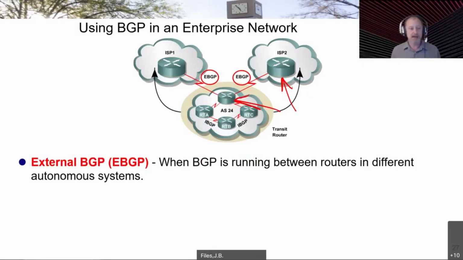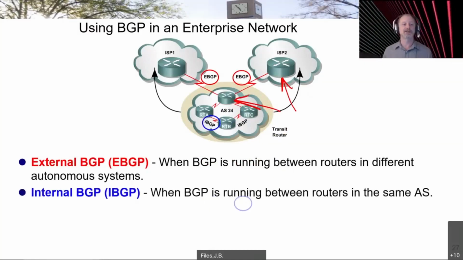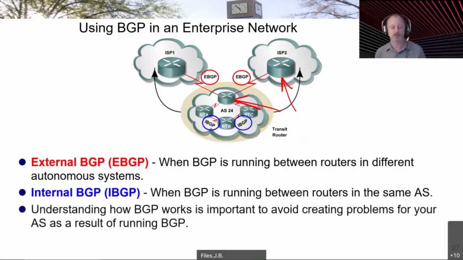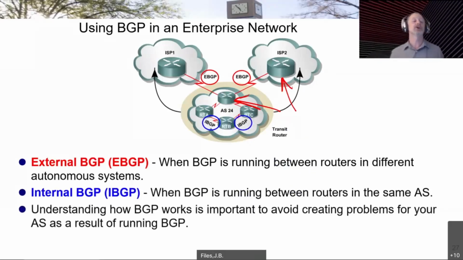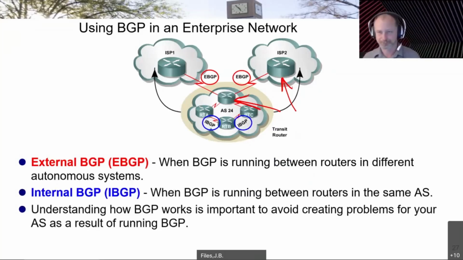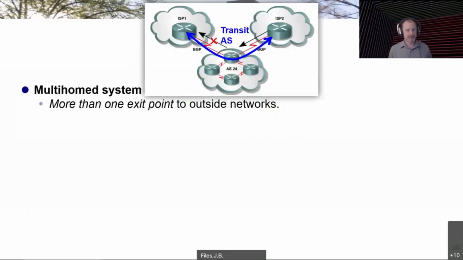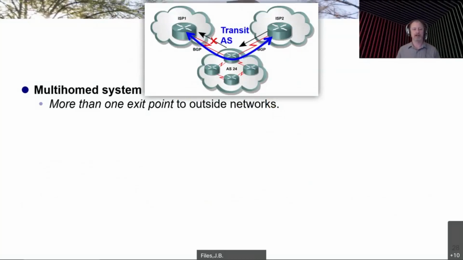Okay. But sometimes you might have BGP running on routers inside of your own autonomous system, and they need to exchange routes with each other. That's internal BGP or iBGP.